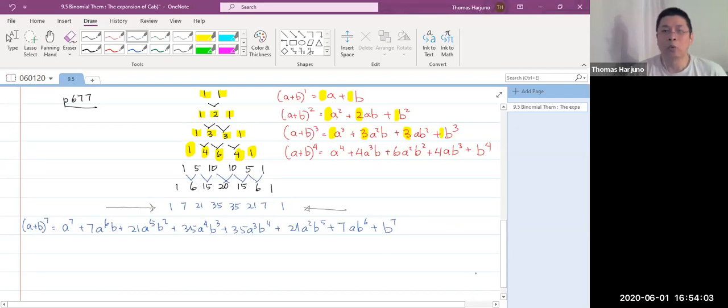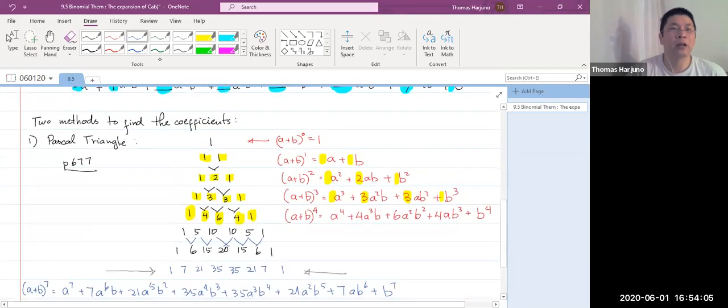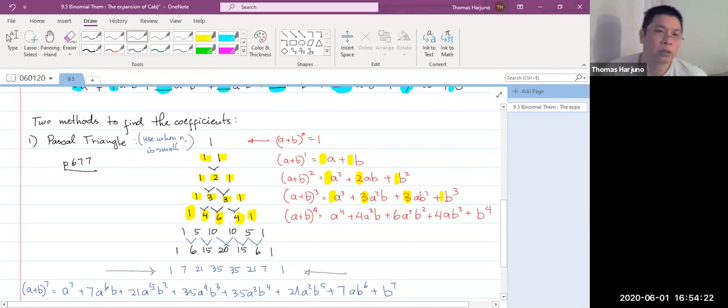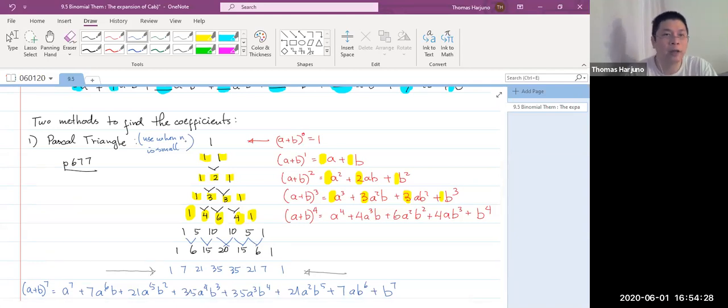Now, we use this Pascal triangle method usually when n is small, even though I have to admit it's quite relative what is small in this case. But I'm trying to anticipate what happens if n equals 12.